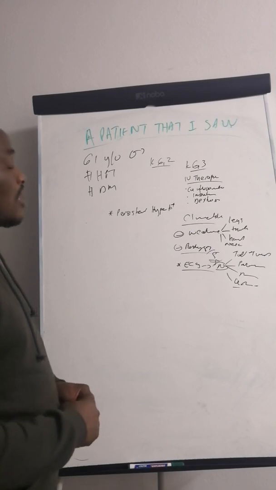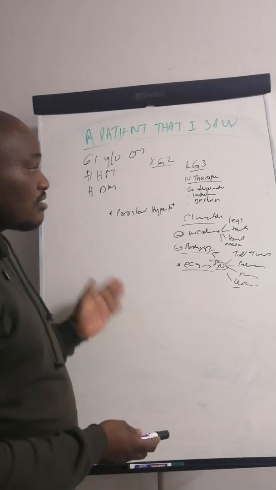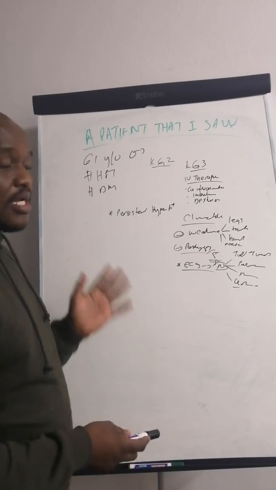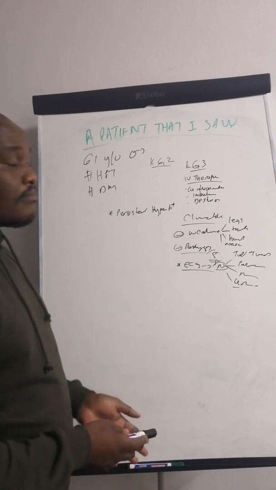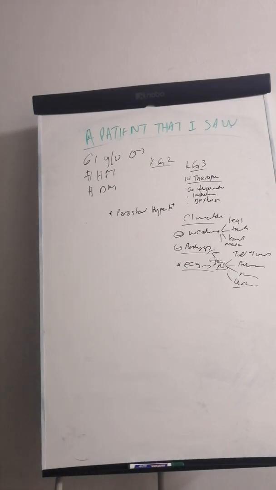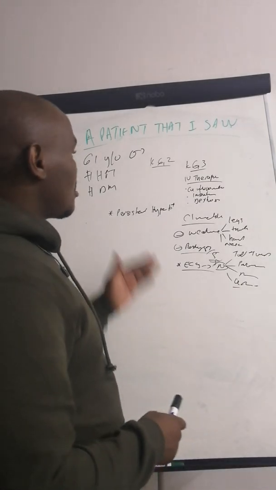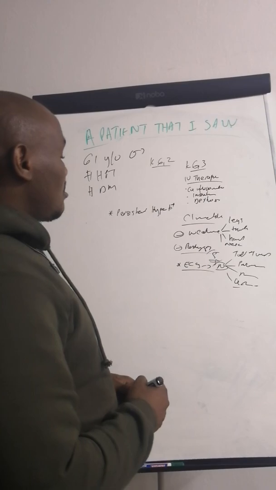Now what I wanted to get to the bottom of is, why is this patient having persistent hyperkalemia? So what I did is I went back to the file to check what he is taking.